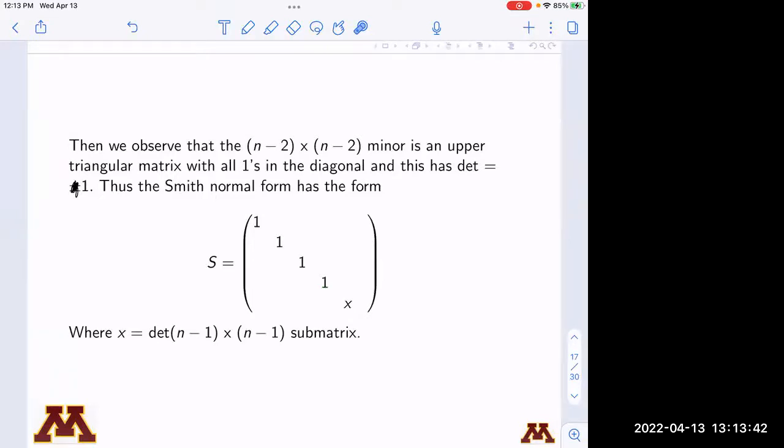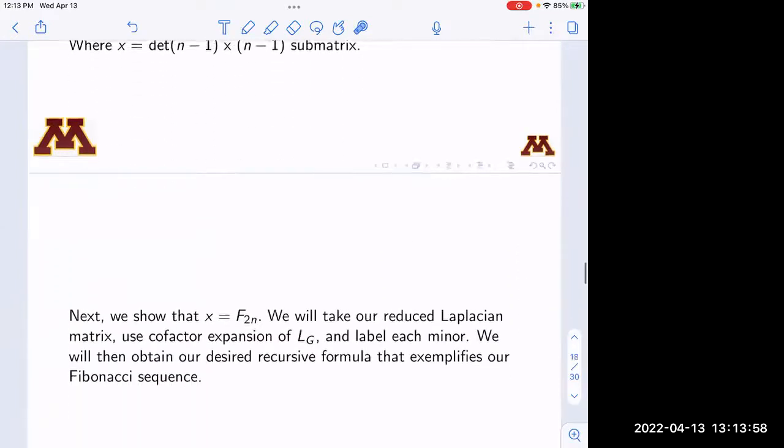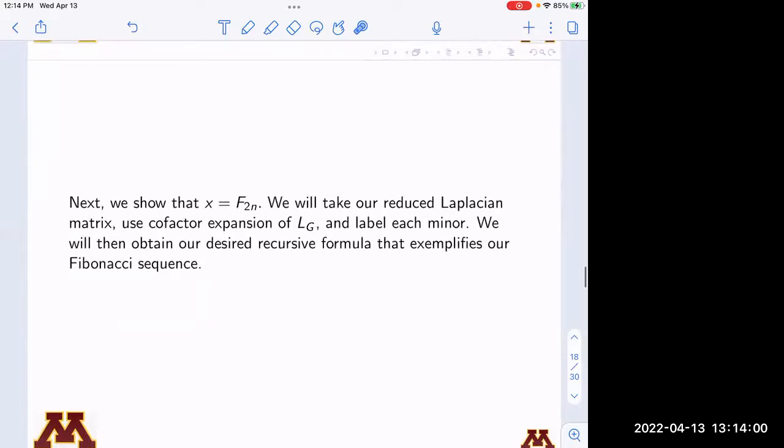And so we have our Smith normal form that has 1 along the diagonal, and then a value x here, where x is the determinant of our n-1 by n-1 submatrix. And now it just remains to show that our x is actually that number from our Fibonacci sequence.